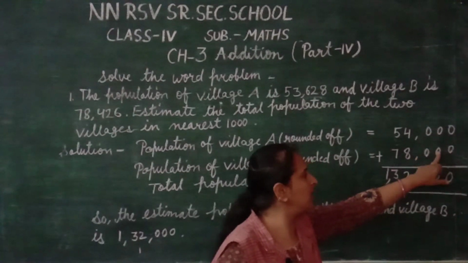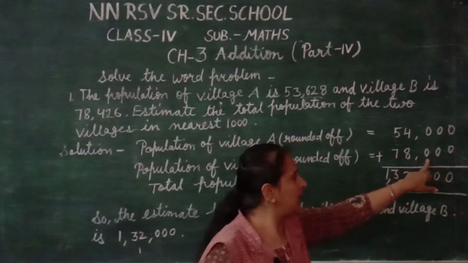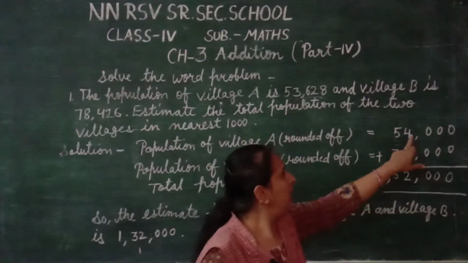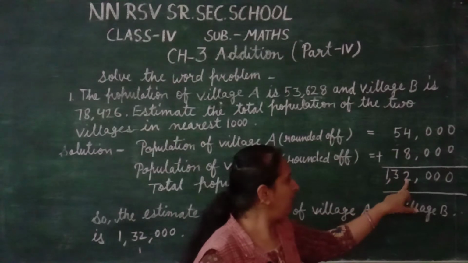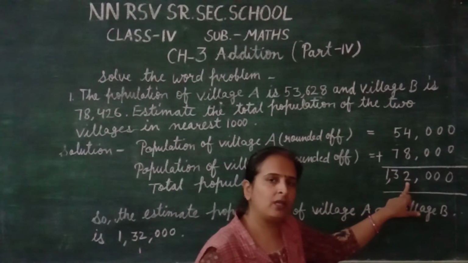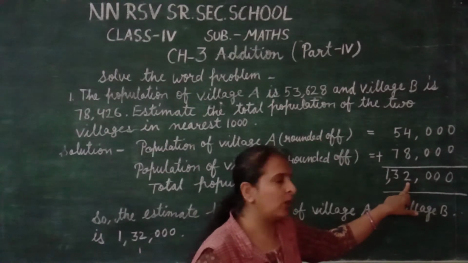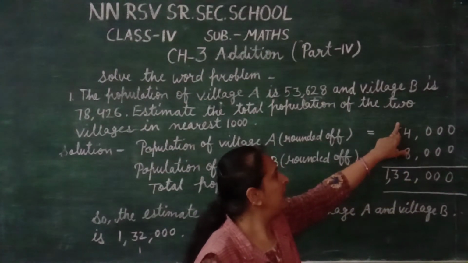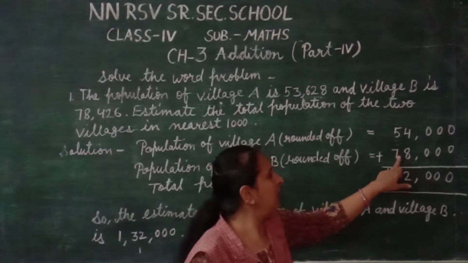Again 0 plus 0, 0. 0 plus 0, 0. 4 plus 8, 12. It is a 2-digit number, so we put 2 in the 1,000 place and carry over 1. 1 and 5, 6. 6 and 7, 13.